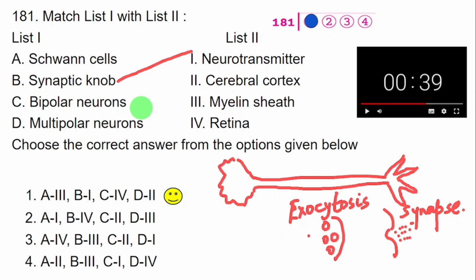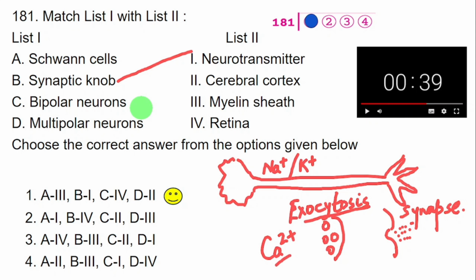One important thing you should know is, in nerve impulse transmission, which ions are important? Sodium and potassium. They are important to maintain the polarized state of the membrane. And if they ask you which ion is important in neurotransmitter release, then you will have to say it is the calcium ion. Calcium ion is important for the exocytosis.